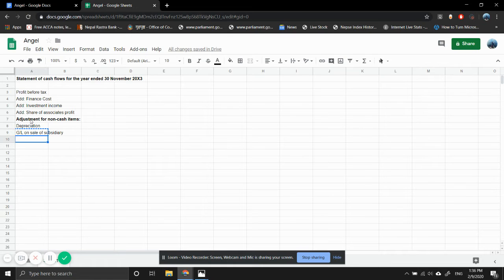Same thing, gain or loss on non-current assets, or PPE in this case. This is basically a gain, right? Gain has happened, and in case of subsidiary, I don't think it has been disposed of. Impairment of goodwill will be another thing.